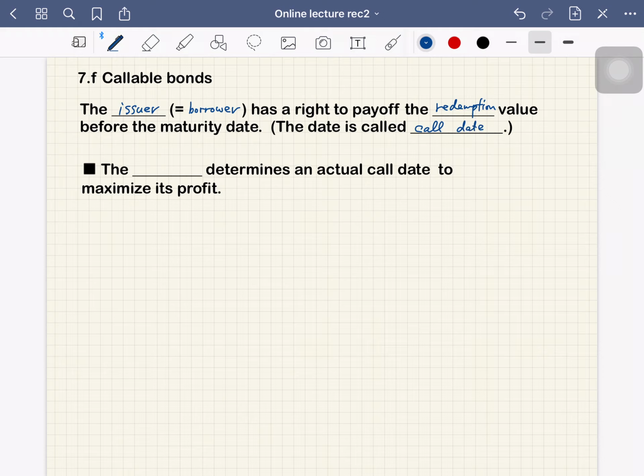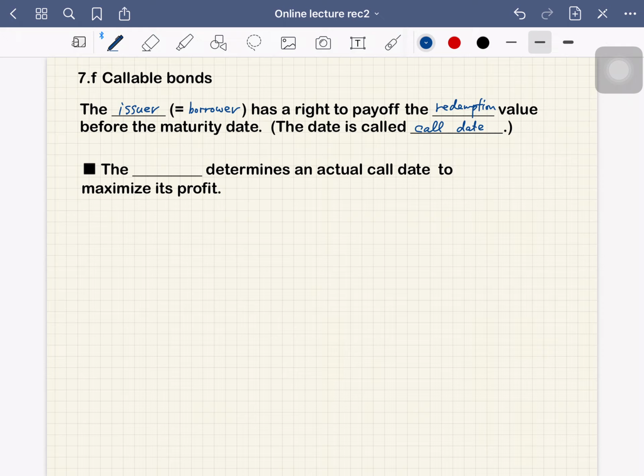So what's the idea behind this? Sometimes, suppose you borrow some money, and if you have enough money, you want to pay it off. That is possible. Basically, with this type of bond, the issuer has a right to pay off the redemption value, so there is more flexibility for the issuer.